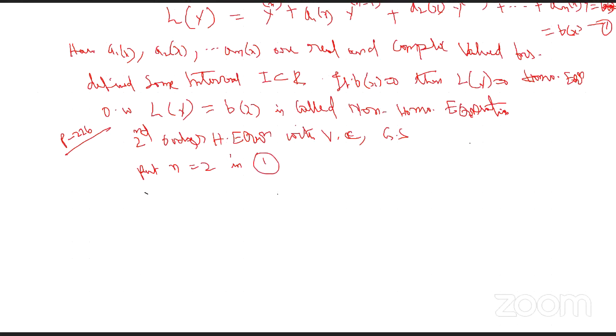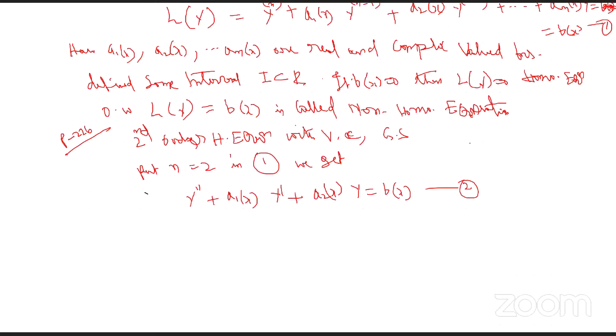We get y double dash plus a1(x) y dash plus a2(x) y equals b(x). This is equation number 2.